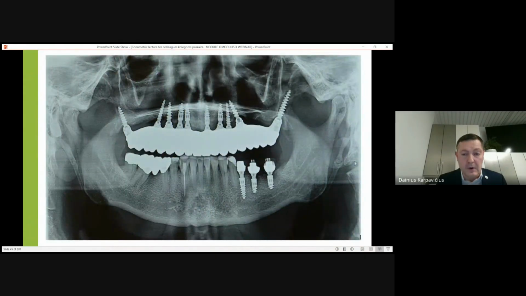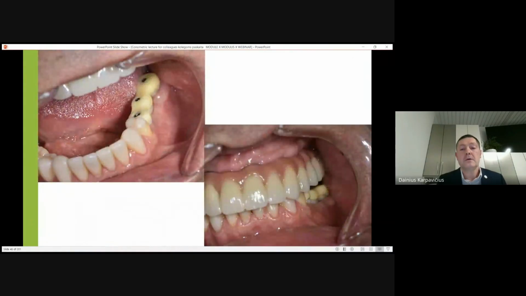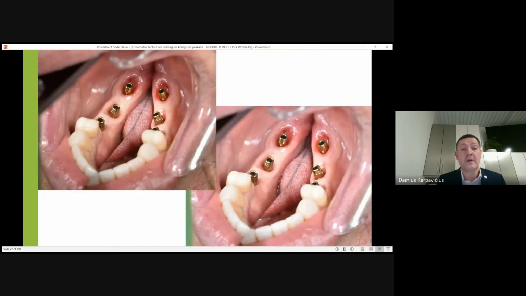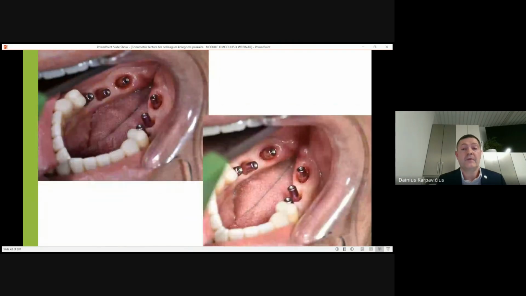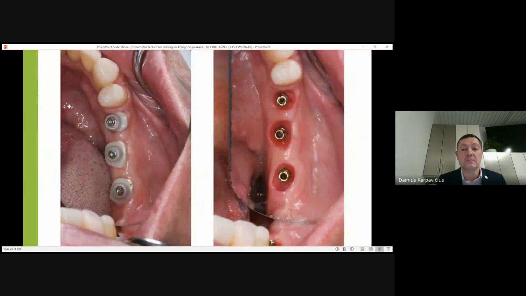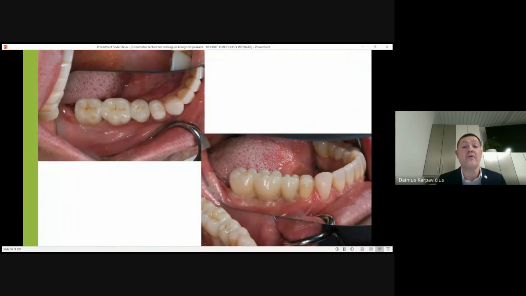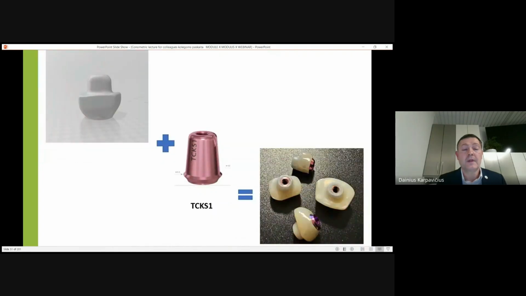After a couple of months of healing, you see here the splint on top of the gingival formers, and take a look again at the soft tissues. This is the beginning of the prosthetic, and nothing more to do, just take an impression and go for the crowns or for the bridge, depending on the clinical situation.